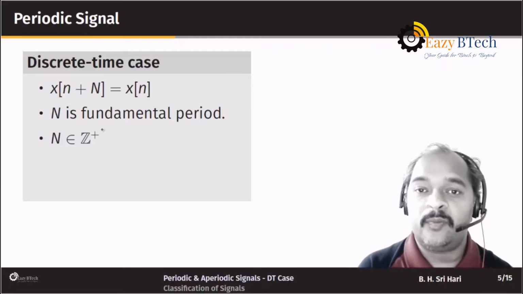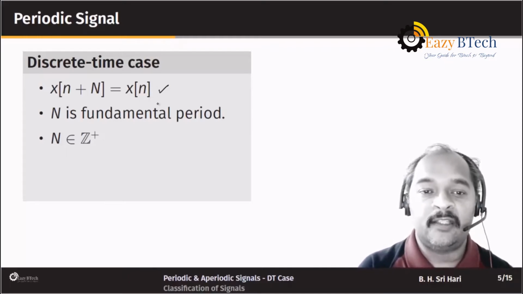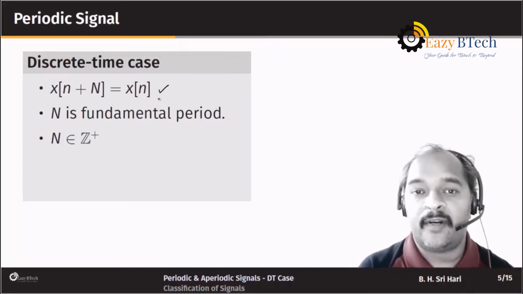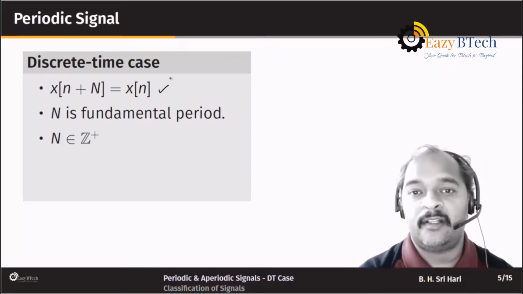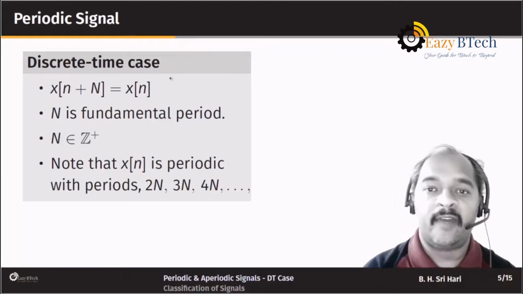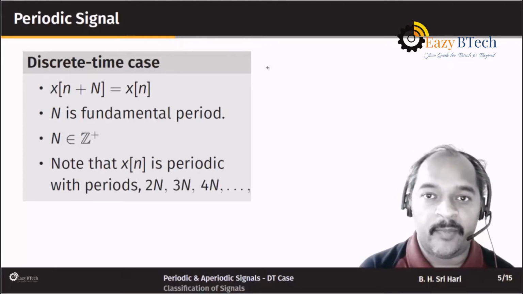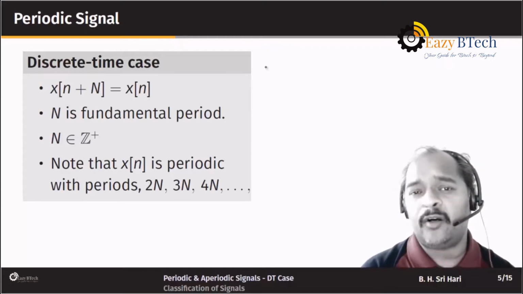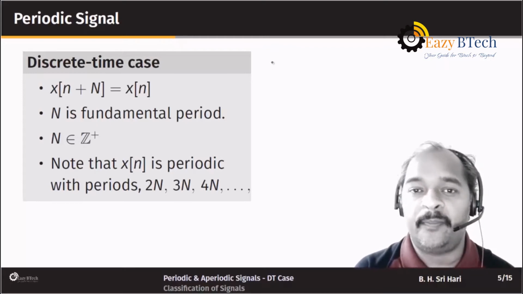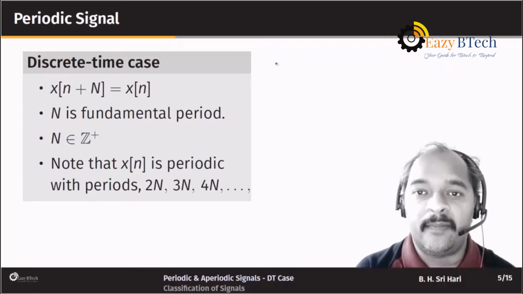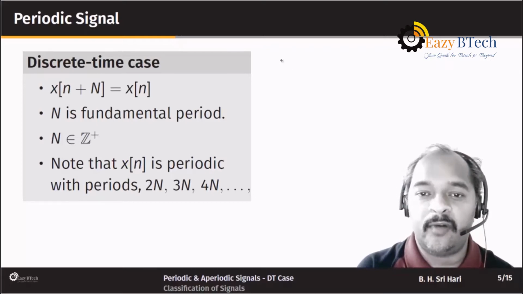The least positive integer value of capital N for which this condition is satisfied, we call that N the fundamental period. Just like we have seen for the continuous time case, the periodic signal x of n with fundamental period capital N can be periodic with integer multiples of capital N. What do I mean by that?